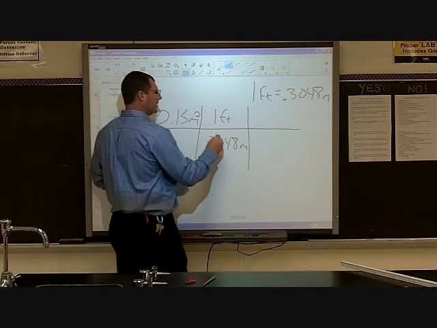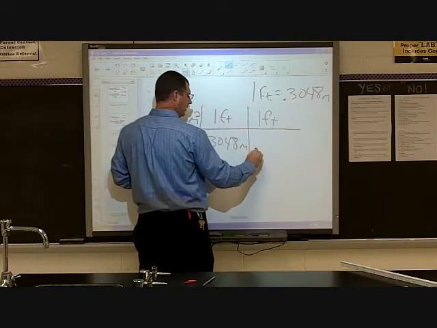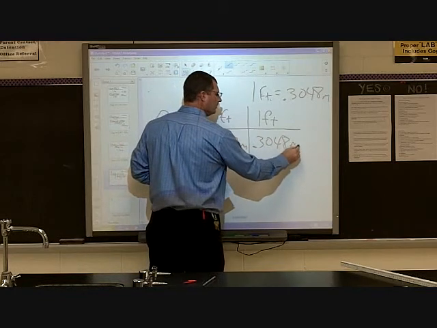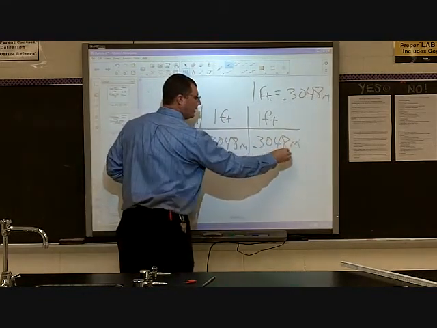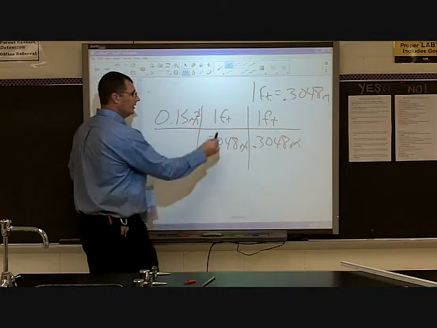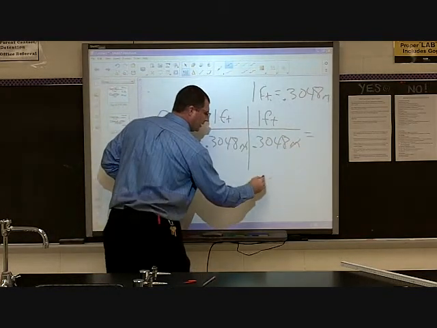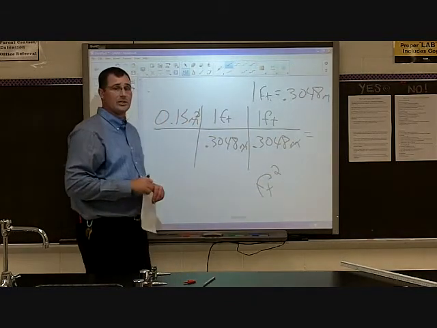So I'm going to do the same thing again. I'm going to say 1 foot, and I'm going to say 0.3048 meters. So now I've got meters times meters, or meters squared, under meters squared. So those are canceled out. I've got feet times feet, so my units are going to be in foot squared. So that actually works out.